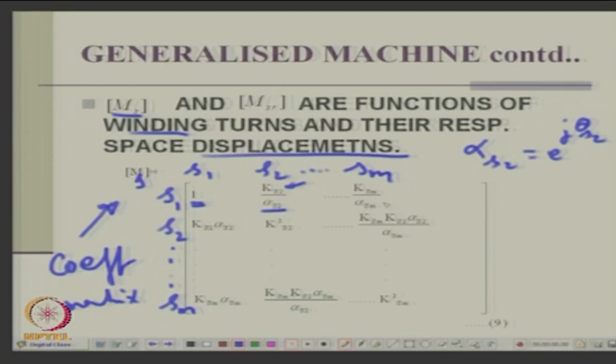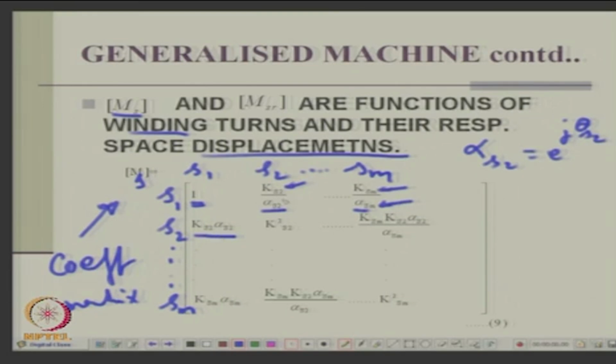Similarly, the M winding will have Ksm by alpha Sm. Okay. We have explained it earlier also. A forward field will go on inducing voltages in the other windings proportional to the number of turns, but phase displaced by alpha, right. Okay. And similarly, S1, S2 will be the conjugate of this.